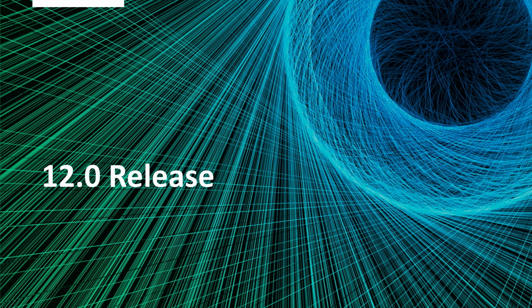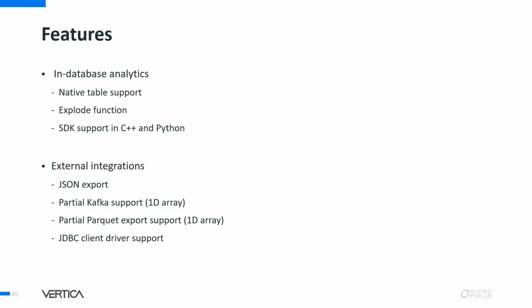But for now, we're in the present. So let's take a look at the complex type features that will be available in Vertica 12. First, we've already seen quite a few of the in-database analytical capabilities: external tables, native tables, the explode function to turn an array value into a table of the array's elements, full SDK support in C++ and Python so you can write custom functions.